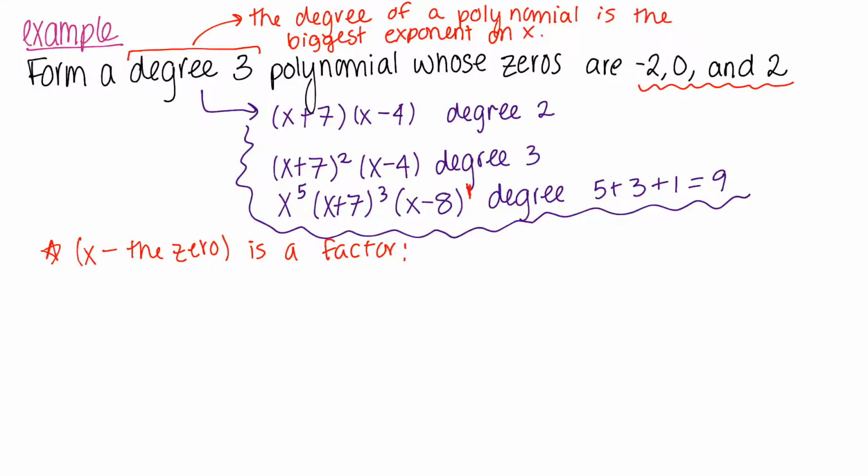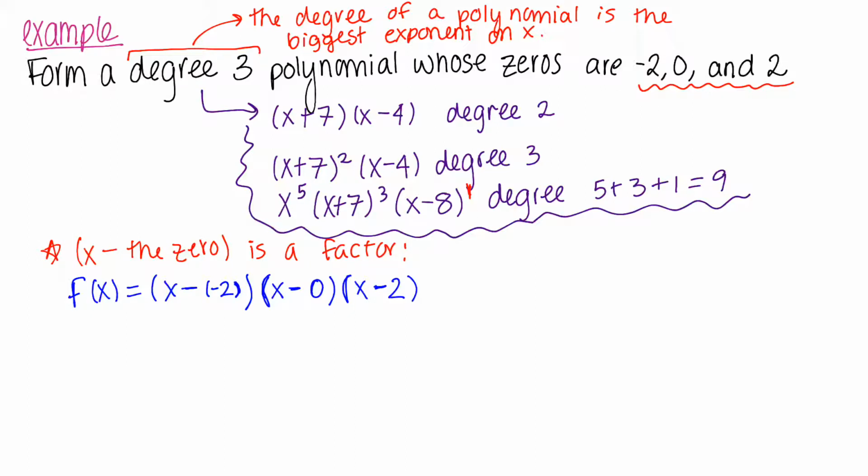So if I'm making this polynomial, I'm going to call it f of x. It should be x minus, my first 0 is negative 2, so x minus negative 2. My next one, x minus 0. My next factor, x minus 2.